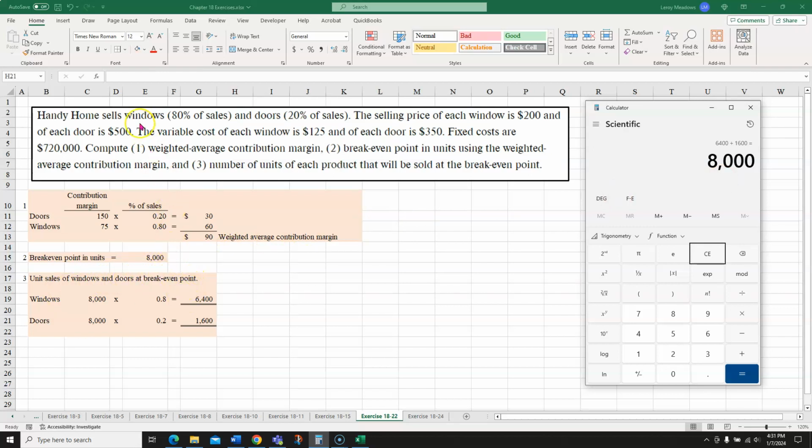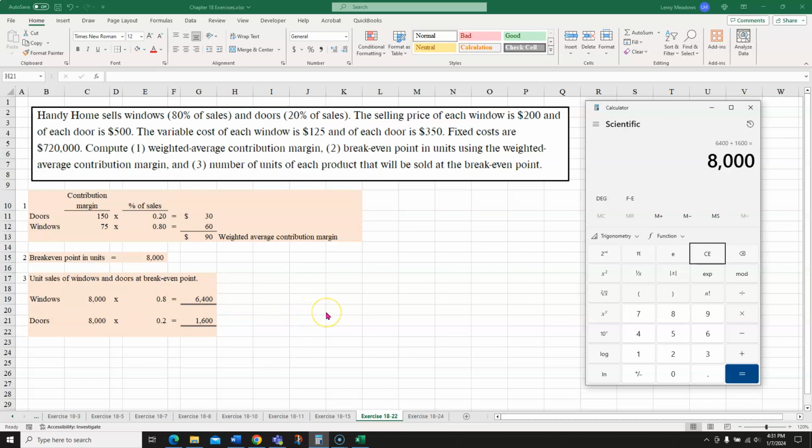And remember, this is based on this percentage of sales of windows and this percentage of sales of doors. If the sales mix changes to say, let's just say windows represent 70% of sales and doors represent 30% of sales, then we would need to recompute the weighted average contribution margin, and then we would need to recompute everything else, break-even point units, and then break-even point as far as the number of windows sold and doors sold.